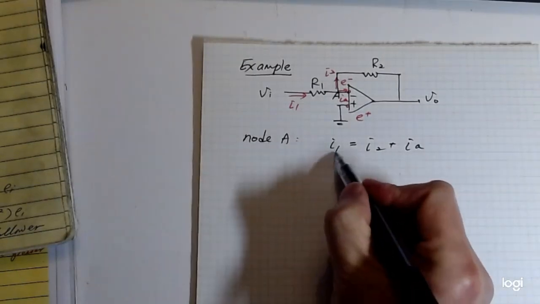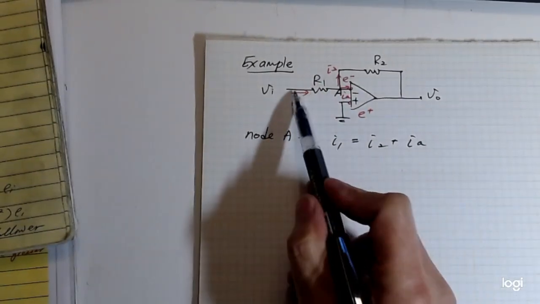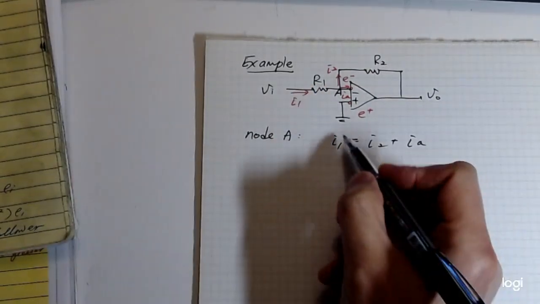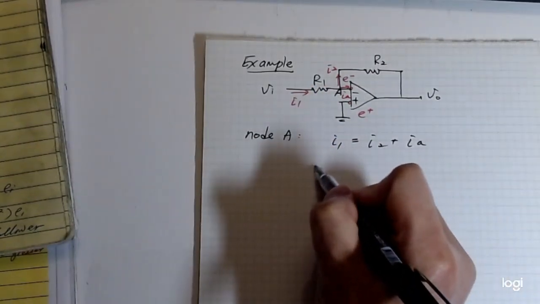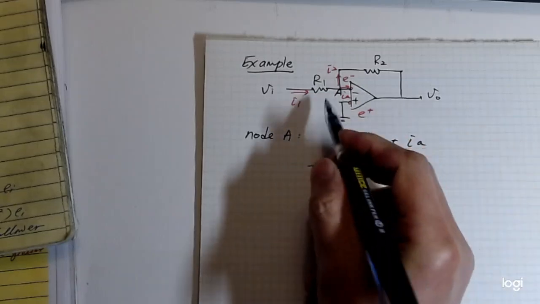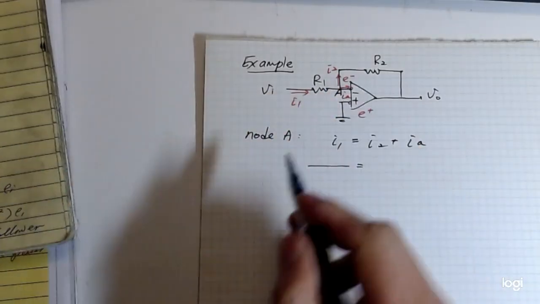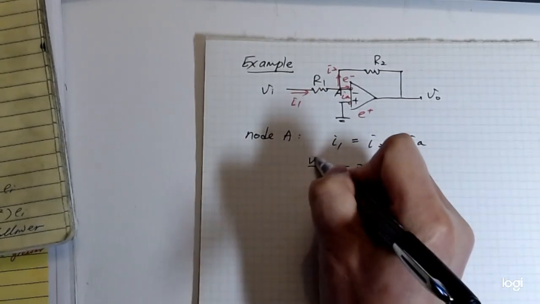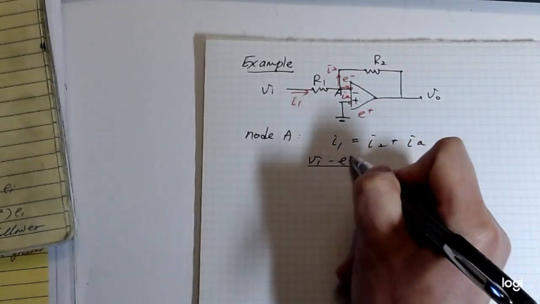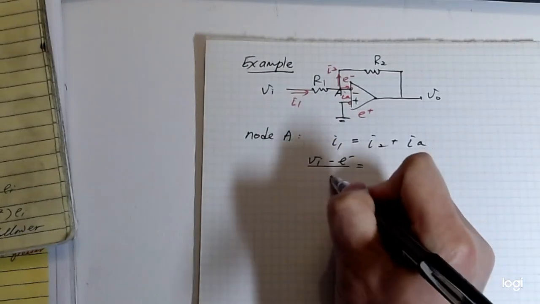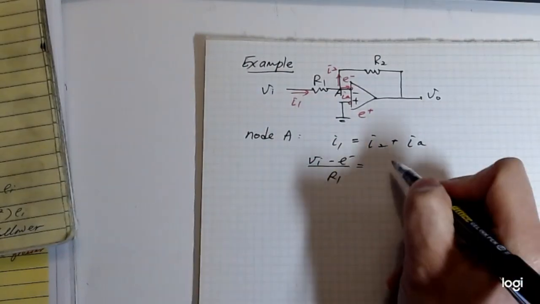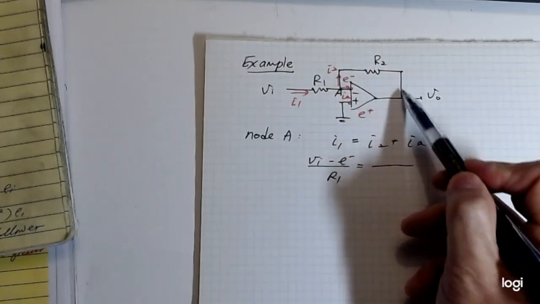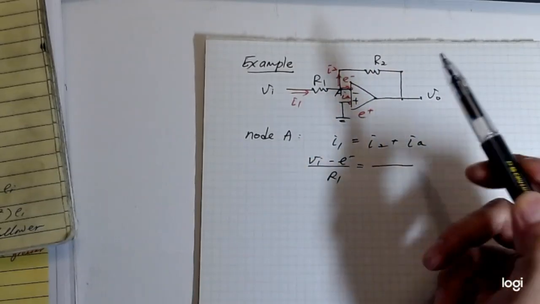Now what's I1? I1 will be the voltage difference across the resistance divided by the resistance. The voltage difference would be VI minus the voltage at point A, which is E negative, so VI minus E negative divided by resistance R1. How about I2, from point A to V naught?